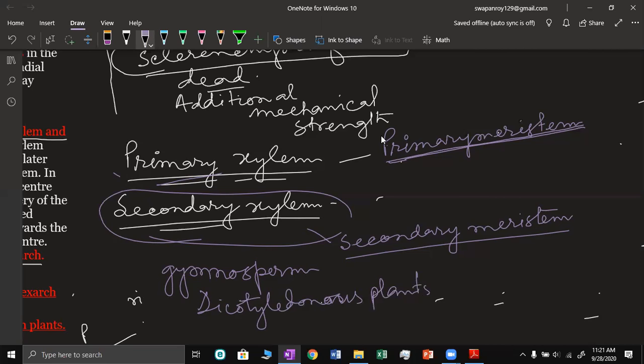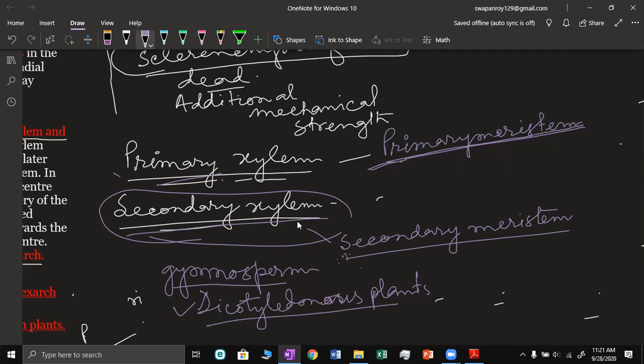In case of monocot, the whole content is primary xylem. There is no secondary xylem because in monocot there is no lateral meristem, and that's why there is no secondary growth, and so secondary xylem is absent. So secondary xylem is present in dicot and gymnosperm.